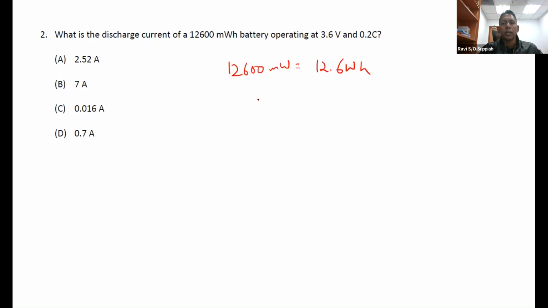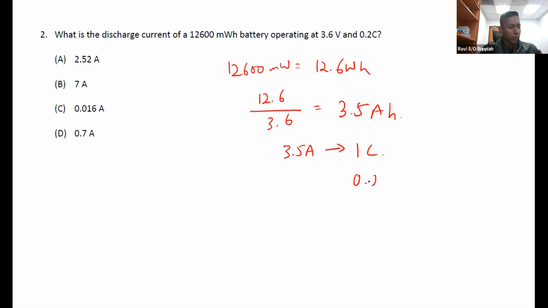In terms of the current, it is 12.6 divided by 3.6, which will give me 3.5 ampere hour. So 3.5 ampere is the amount of current that would have been discharged if I operate at 1C. Since I'm operating at 0.2C, it is 0.2 times 3.5, which gives me 0.7 ampere.